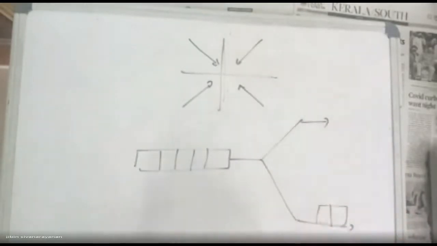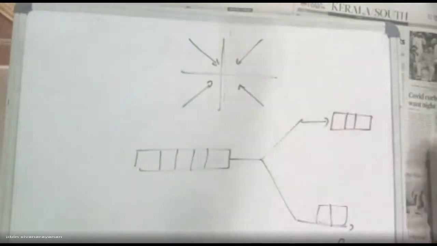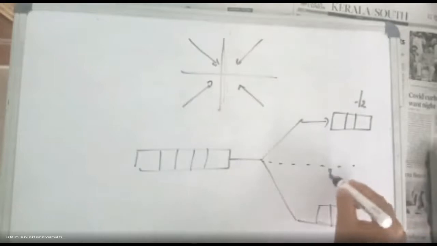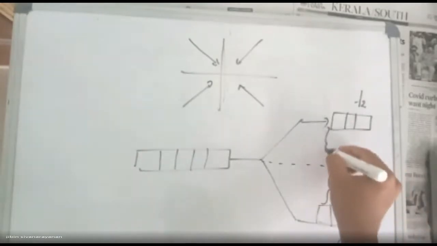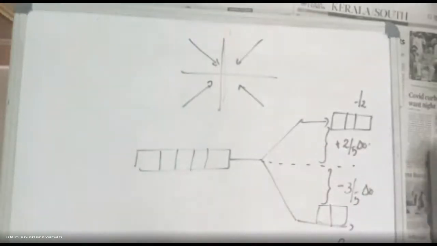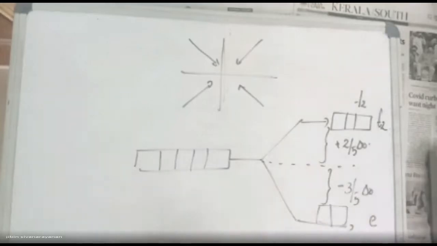The orbitals present in the axis lie down, and the others go up. So now this is T2, this is E. This is for tetrahedral complexes.